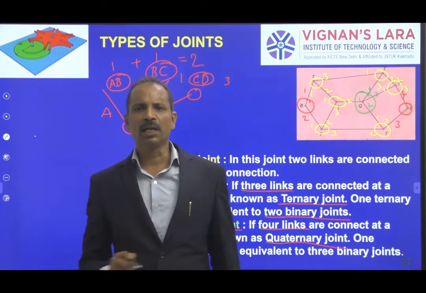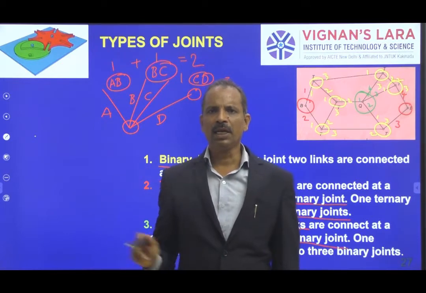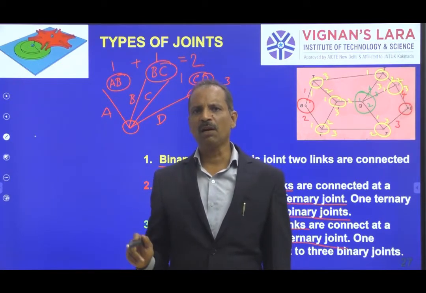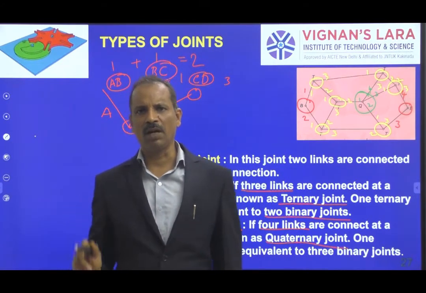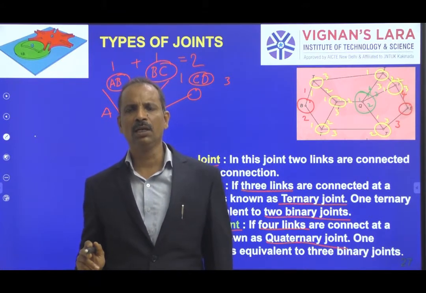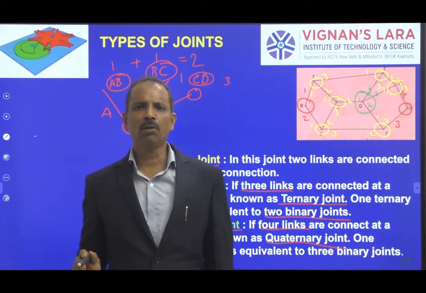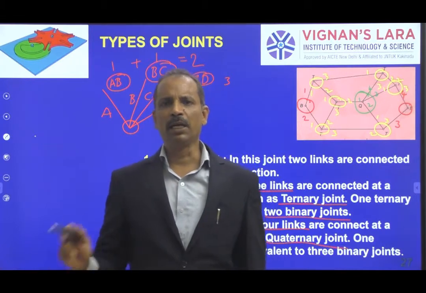In general, we can write one statement. Suppose n number of links are connected at one location, then that is equivalent to n minus 1 binary joints.